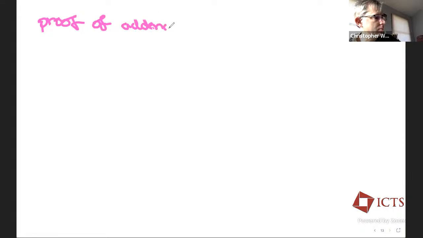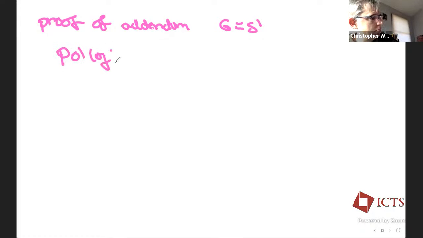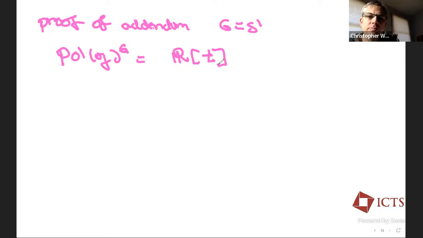So we actually almost proved this in the case that G was S1. Because in the case G is S1, polynomials are just functions of this single formal parameter t in degree 2.